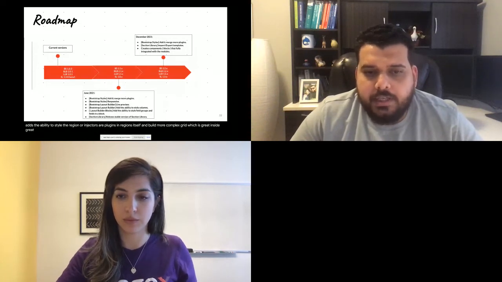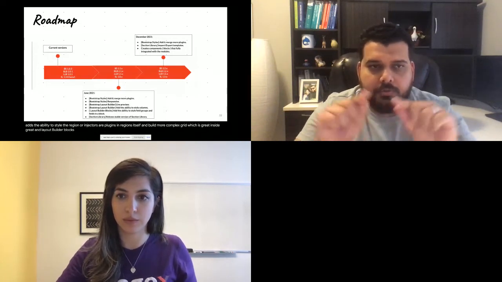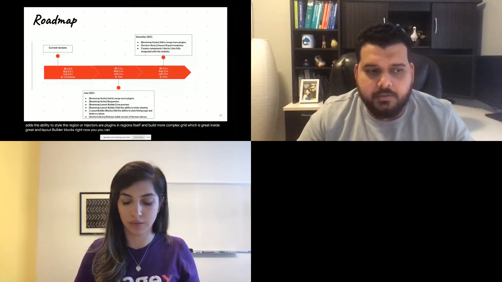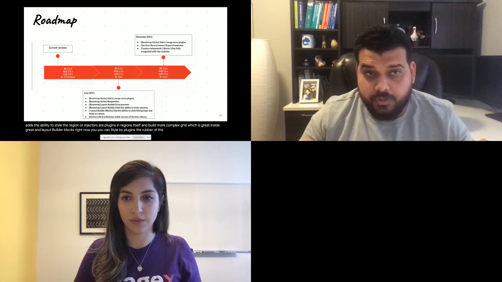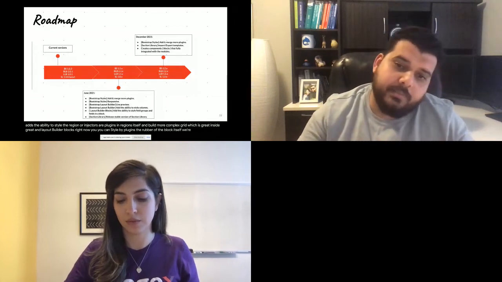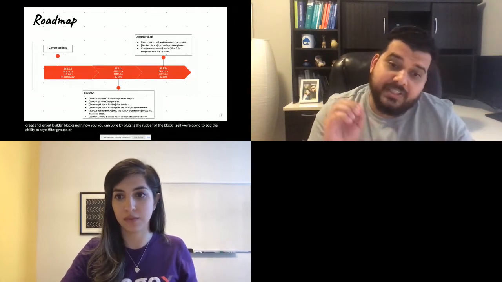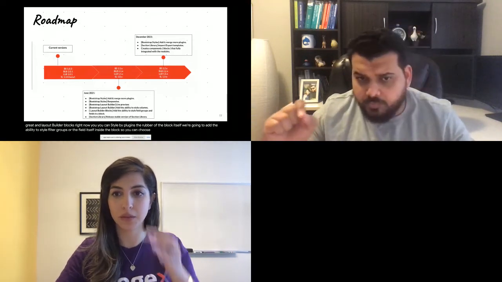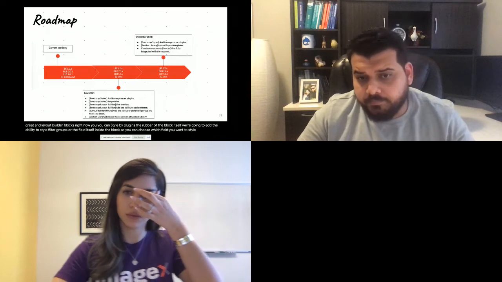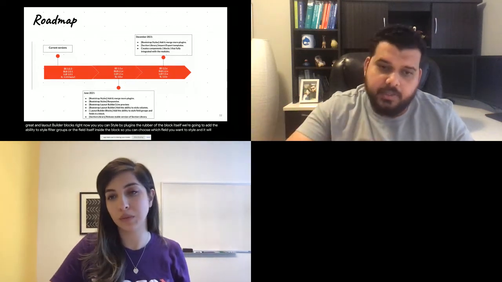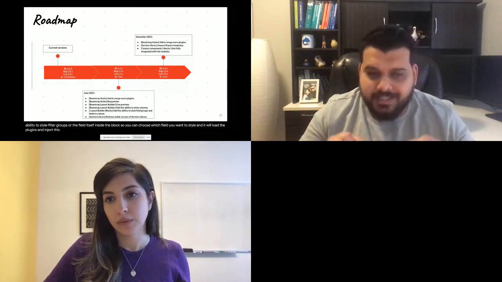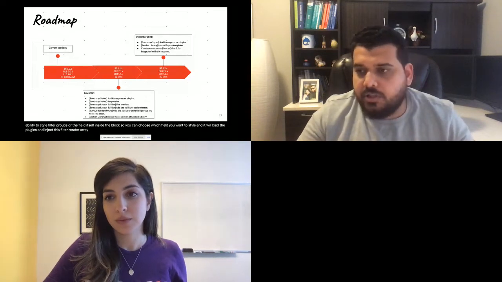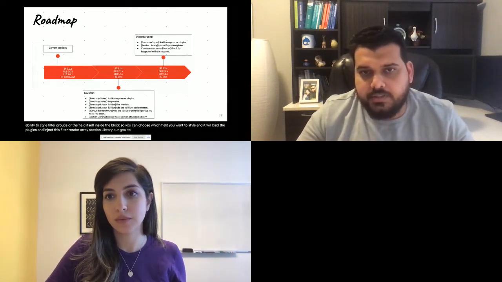Also in layout builder blocks, right now you can style by plugins the wrapper of the block itself. We're going to add the ability to style field groups or the field itself inside the block. So you can choose which field you want to style, and it will load the plugins and inject this into the field render array.